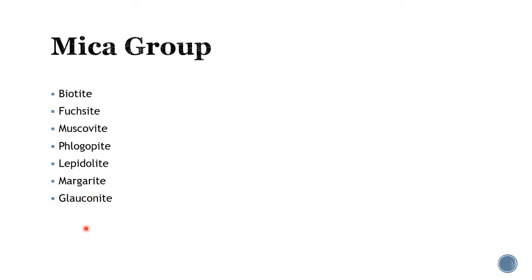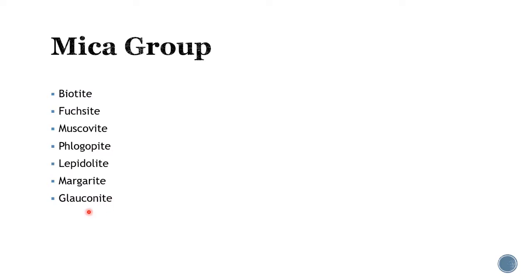Glauconite is actually a green species that doesn't have the same general macroscopic characteristics as the other micas. It occurs mainly in marine sedimentary sequences, so it is indicative of a marine environment.